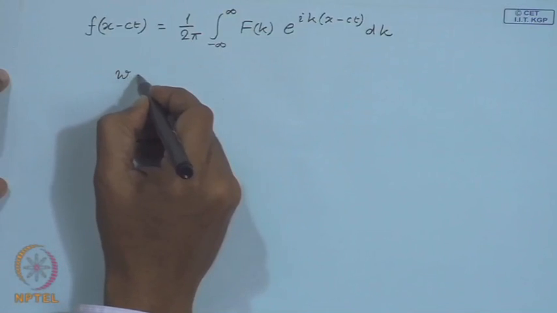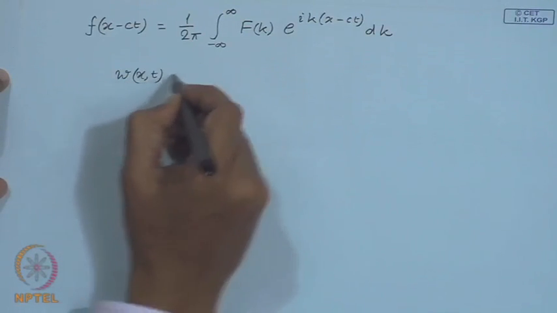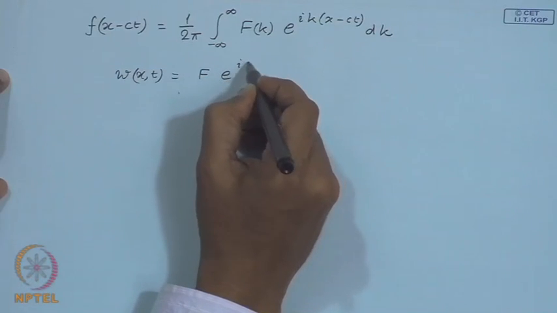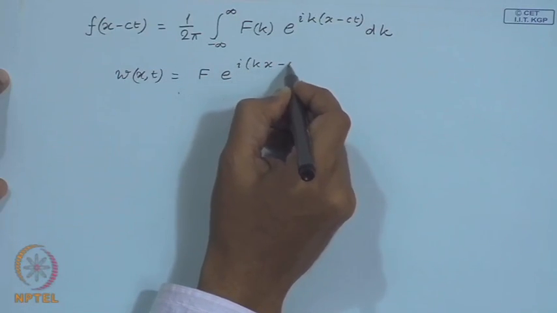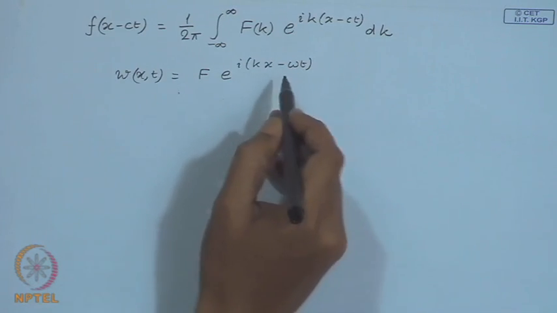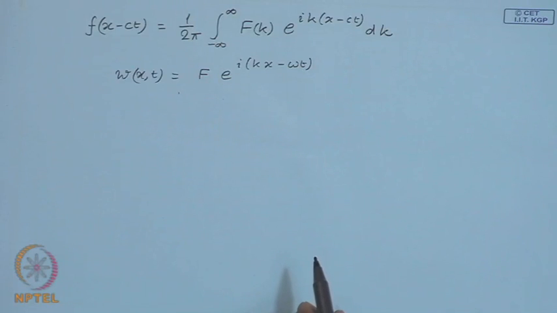And what we are going to do, as I just indicated, is to write it like this. Here k is the wave number, omega is the circular frequency.